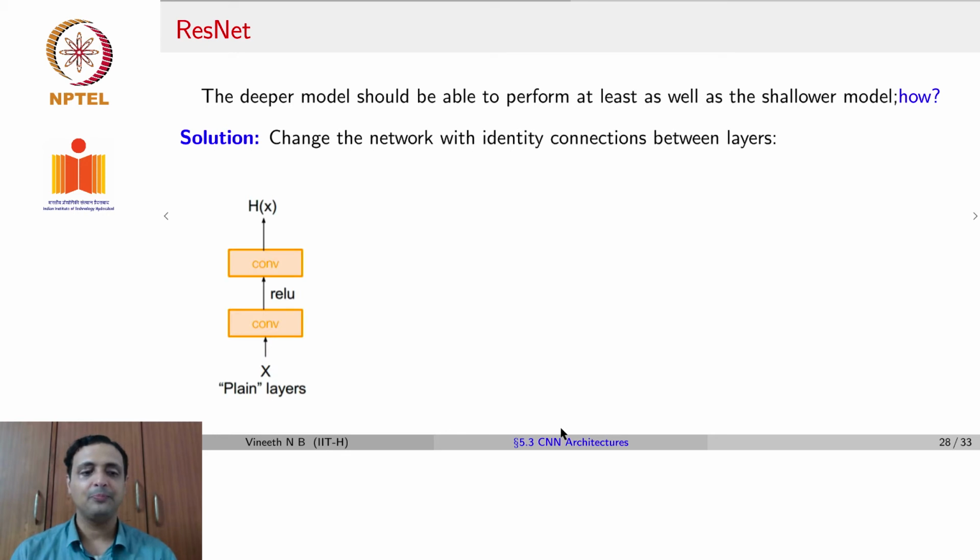What does that mean? In the original CNN, you have an X. It goes through a few layers such as conv layer, then a ReLU, then a conv layer, and it gets transformed over those layers and becomes a certain h of X. This could be one portion of a neural network, for instance.